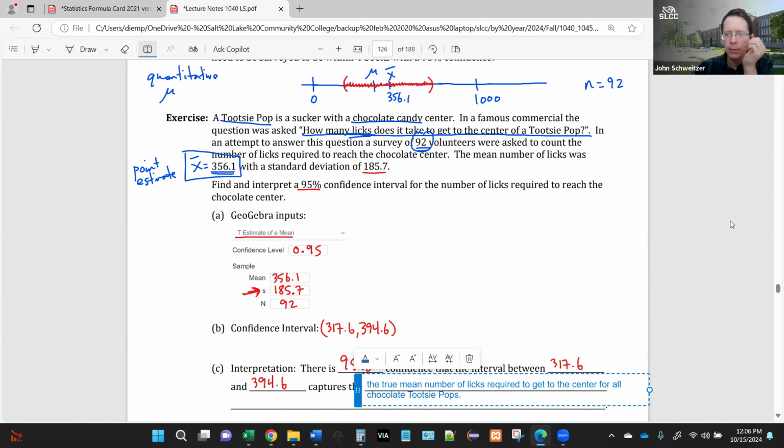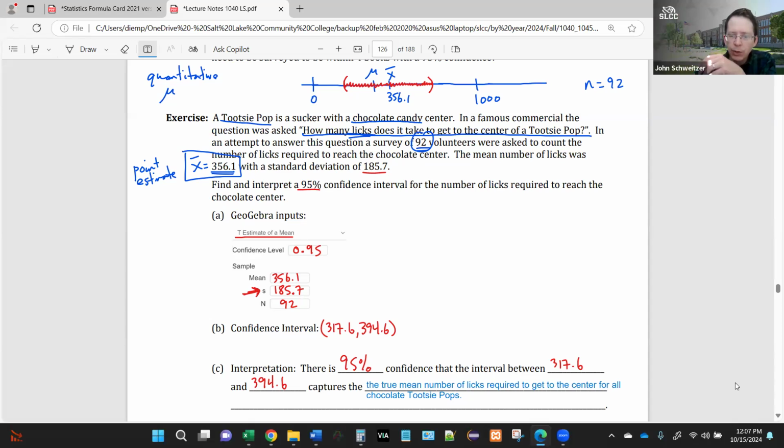Remember, you have to keep the population in mind here. It's the population of all of the chocolate Tootsie Pops that have ever been made. How many millions of those are there? If you could actually retrieve all of those and measure, then we could find mu, but of course we can't. So the best we can do is estimate it with a confidence interval.